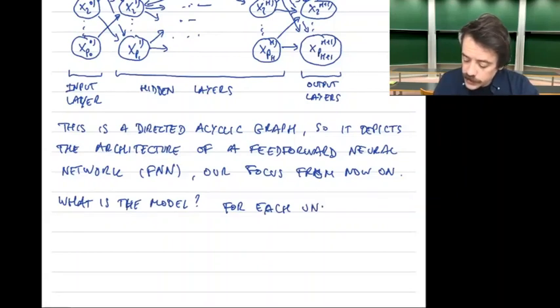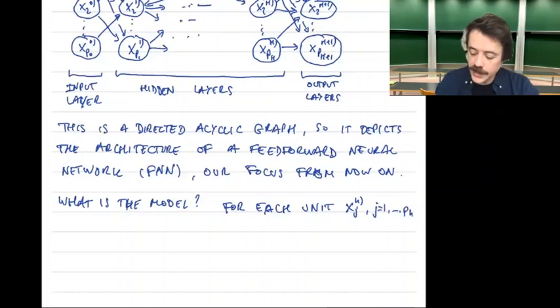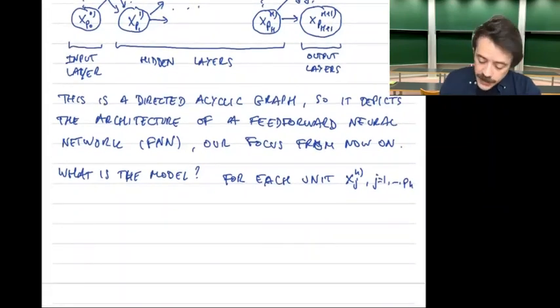So for each unit, x, j, h, and I'm not including the bias nodes. So therefore, we're going to have that j goes from 1 to p_h, and h is going to go from 1 to H plus 1.